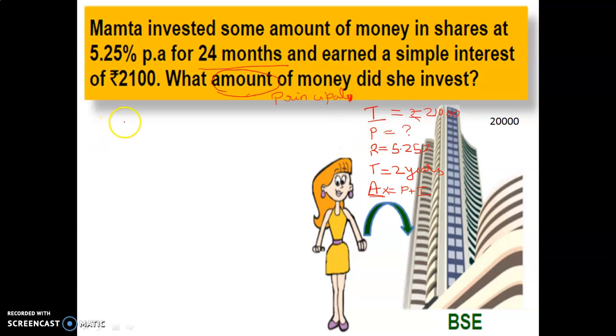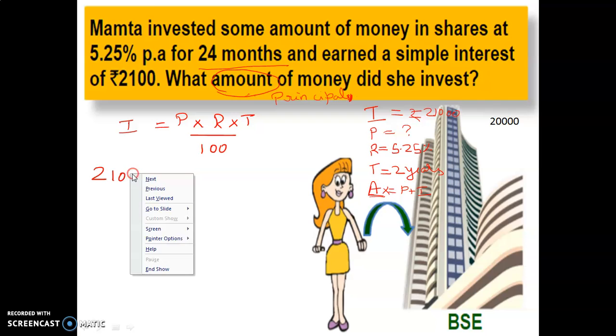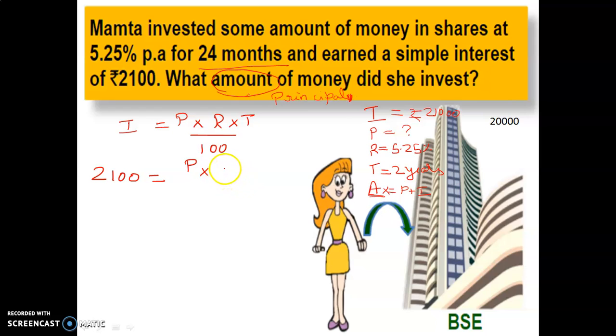Okay. Again let us go in for the same formula. I is equal to P into R into T divided by 100. I know interest as 2,100. What is principal? We don't know. There we found rate of interest. Now I am going to find principal. Okay children? 5.25 into T 2 divided by 100.